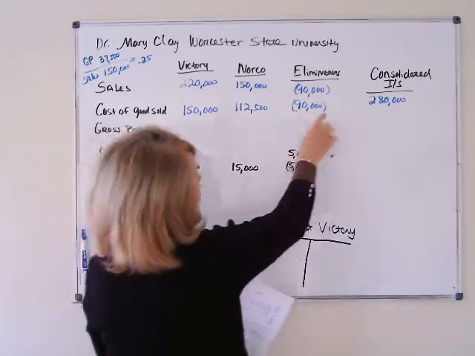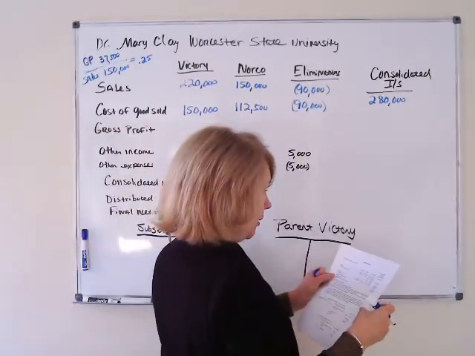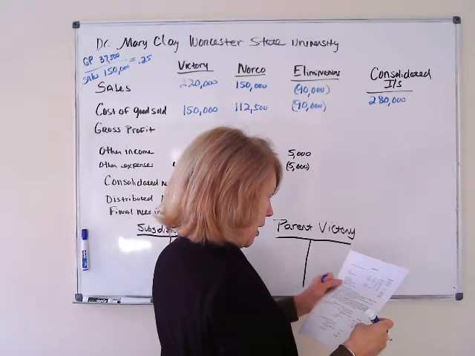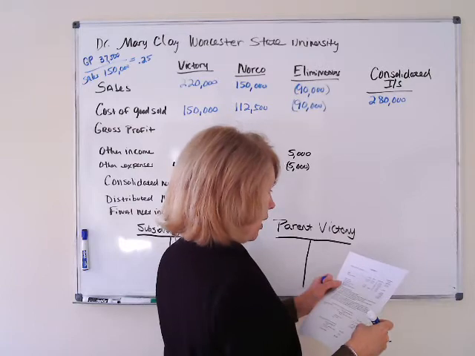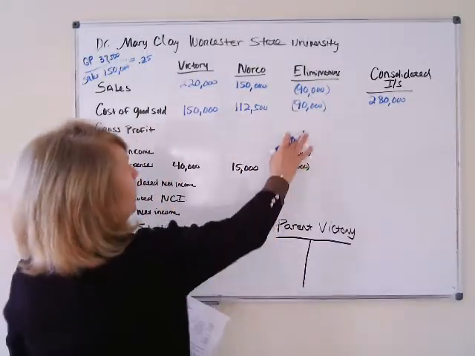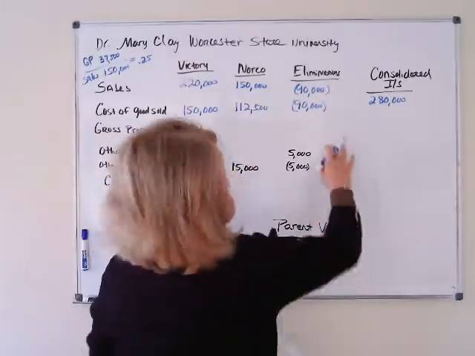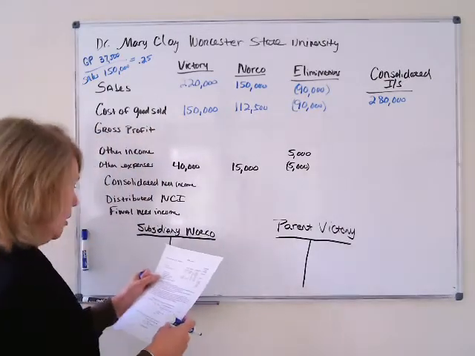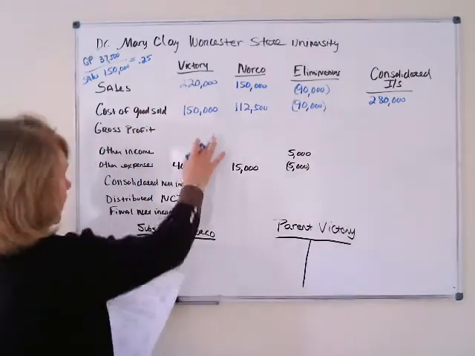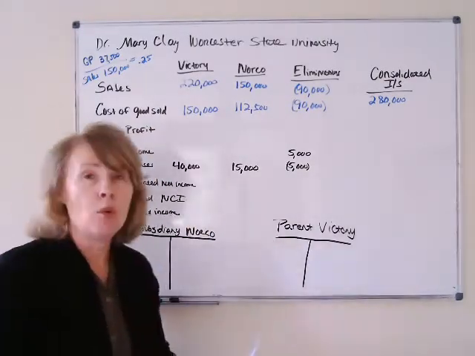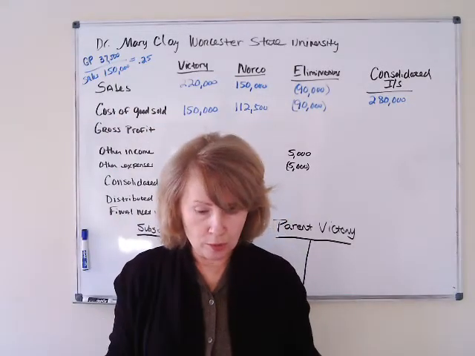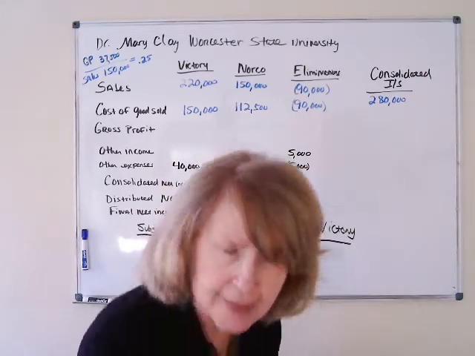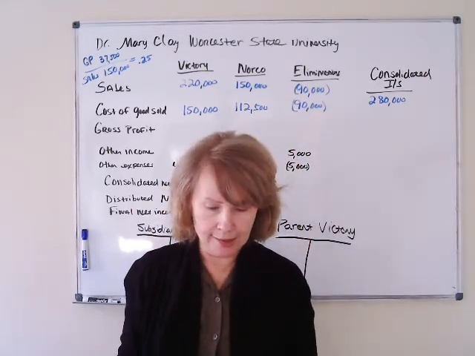I total across, and my cost of goods sold, well, I'm going to hold off on that. I'm going to go back to this in a minute because I want to show you how to figure out the unrealized ending inventory and realized ending inventory.